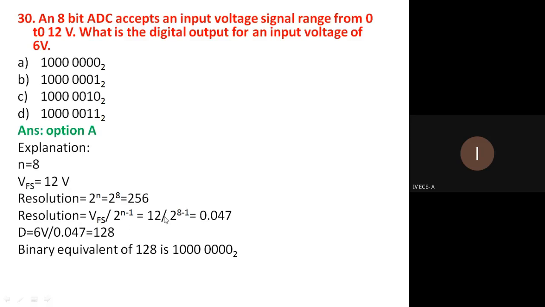So 12 divided by 255 gives 0.047. So digital output is equal to 6 volt divided by 0.047, which gives 128. The binary equivalent of this 128 is 10000000. So option A is the answer.